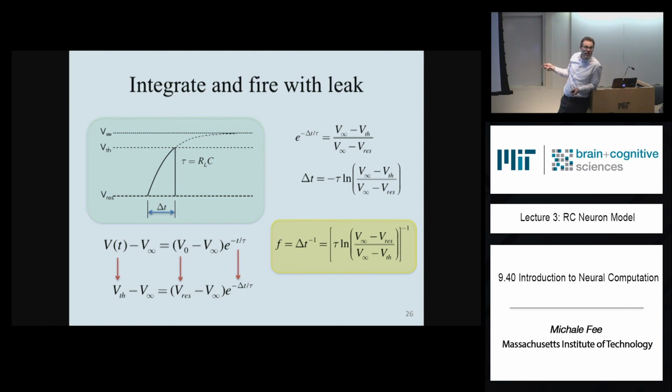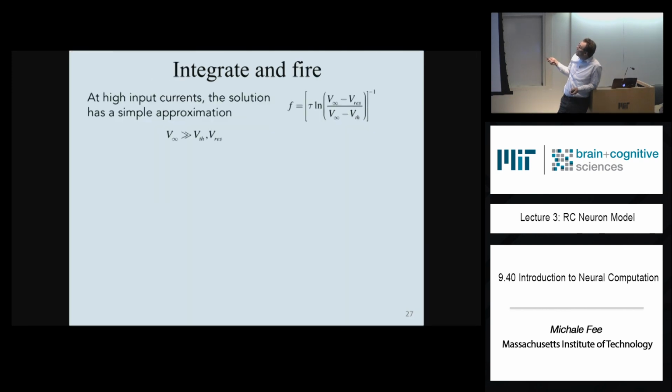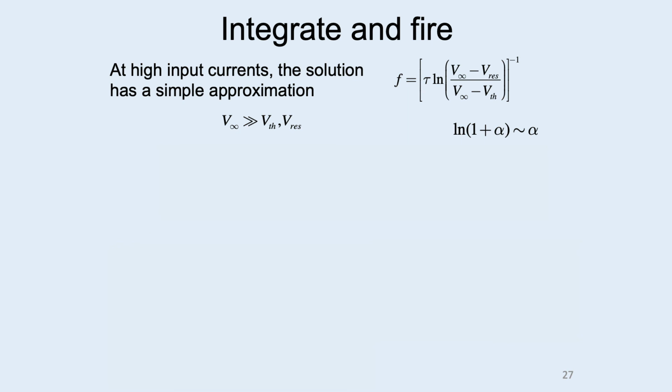Okay? So what we can do is a linear approximation of this term right here. We're going to work in the limit that V infinity is much bigger than V reset or V threshold. We're going to use the approximation that log of 1 plus alpha is just alpha.